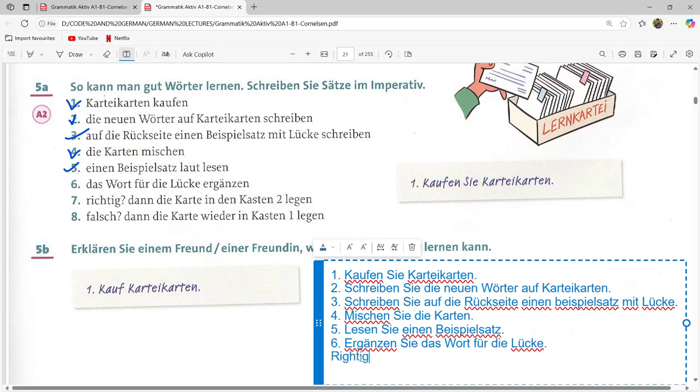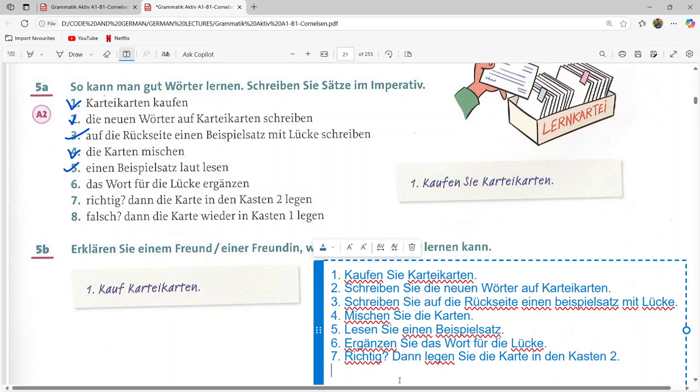If you are right, do something. So, number 7. If you are right, so richtig, dann die Karte in den Kasten 2 legen. So, legen Sie, dann legen Sie die Karte in den Kasten 2.